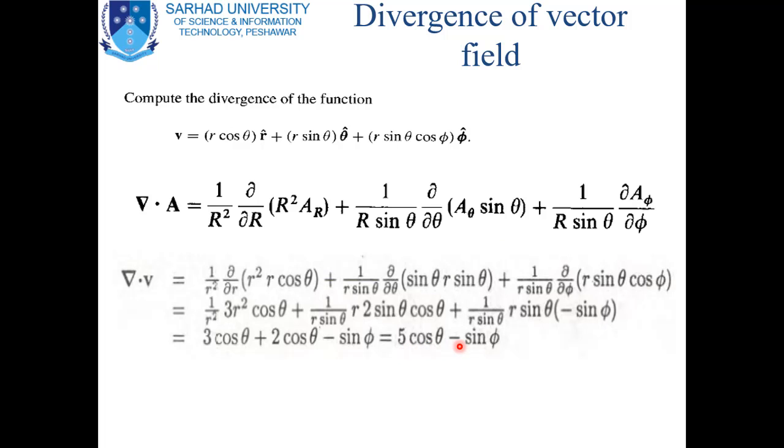Now in this slide we will find the divergence and curl of the same function. So in part A we will find the divergence, and then in part B we will find the curl of a function. First we have to look that our function is given in r, phi, and z, so we will use the cylindrical coordinates.